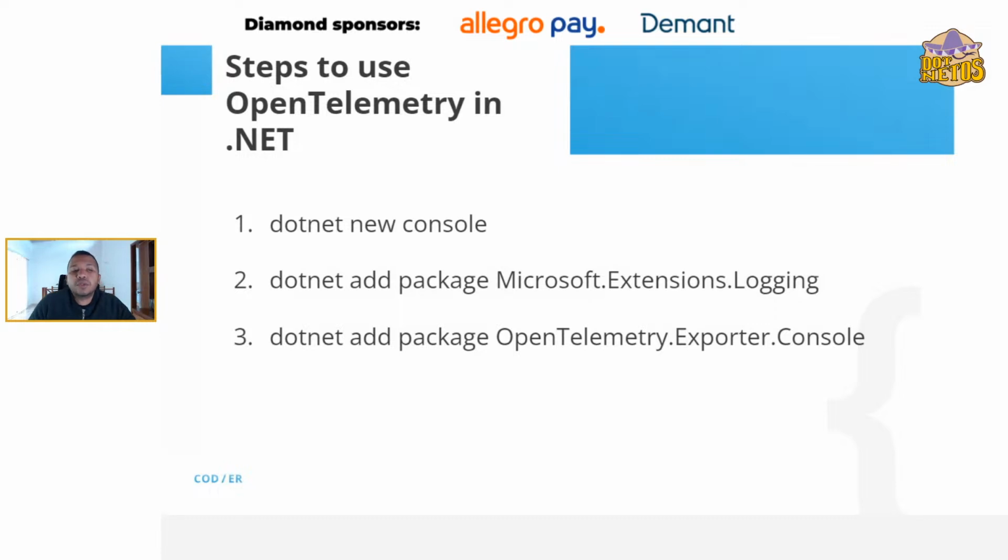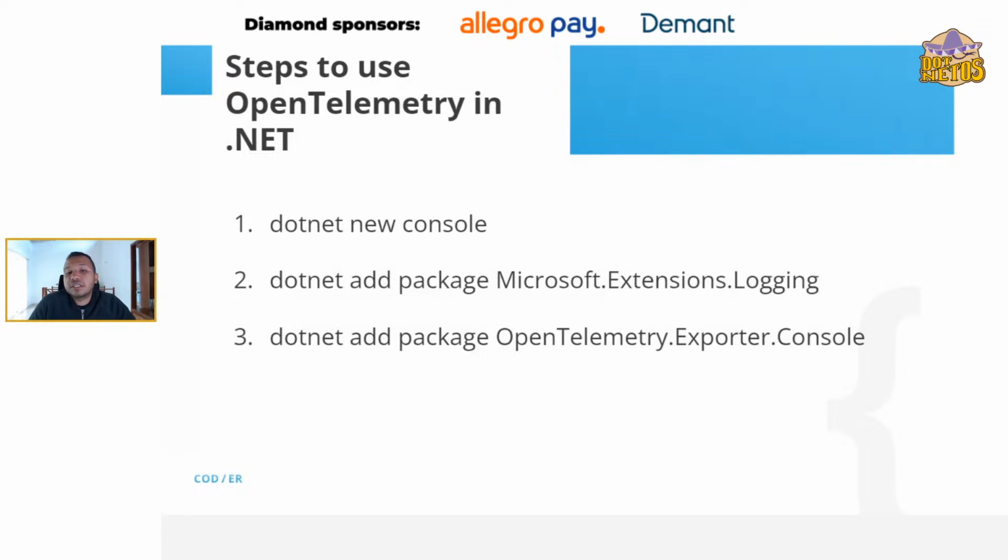So how can we start with OpenTelemetry? Well, it's very simple. Actually, we only need, in this case, to create a console project. If we already have a project, we can skip this step. And then we need to add the latest version of the package Microsoft.Extensions.Logging.